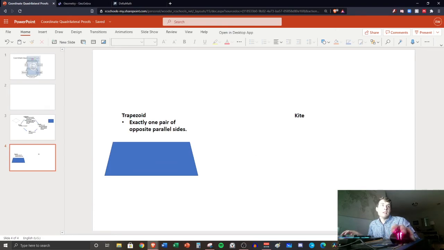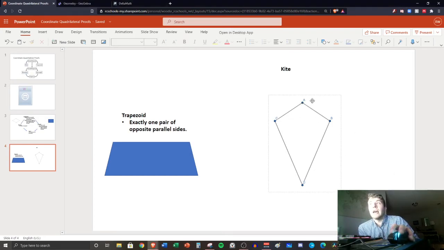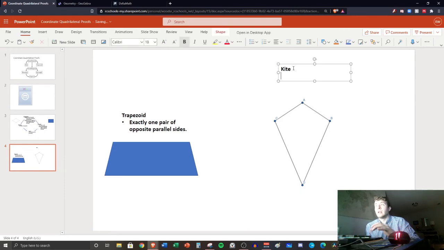All right? Now let's talk about a kite. Okay, so here is an example of a kite. And what you'll notice is that the sides AB and AC are going to be congruent, and then the sides BD and CD are congruent. All right?